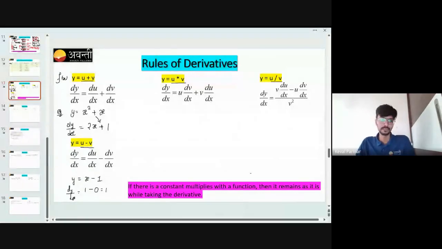I hope this is clear. They are very simple. Any doubts? Did you understand all? No doubt. Okay, let's move forward.